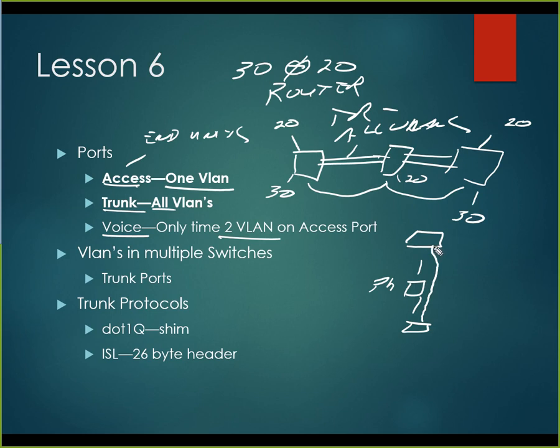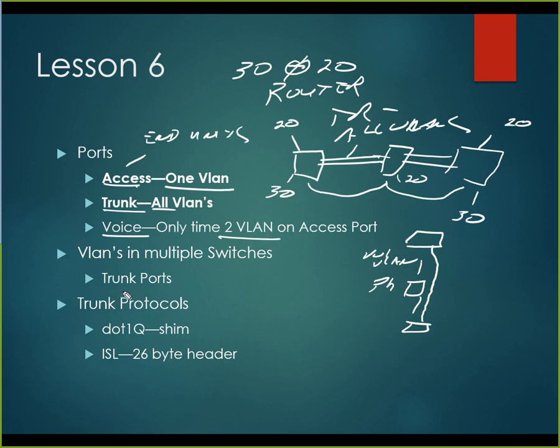So the switch is going to put the VLAN tag on it. The phone puts the voice VLAN tag on the voice packets that go out of it. So we wind up with two tags on the same access port.